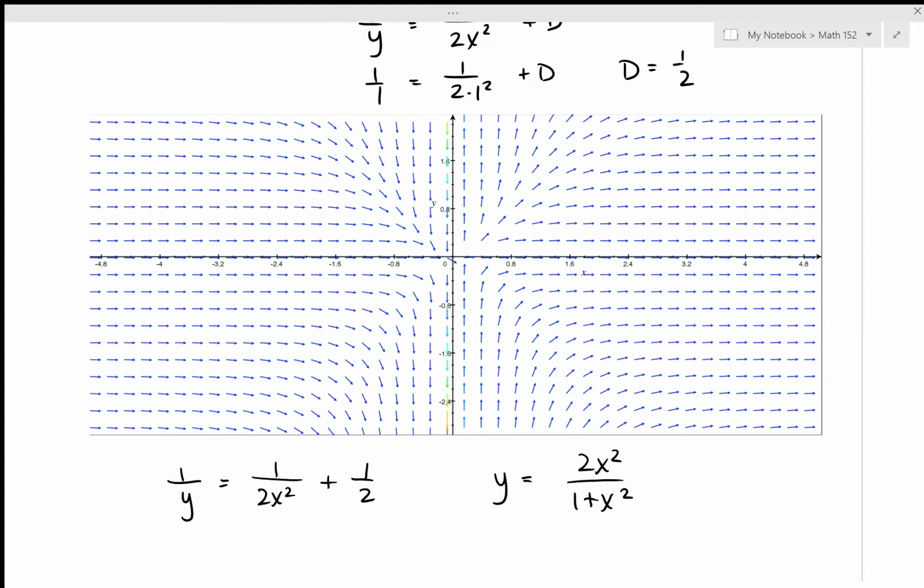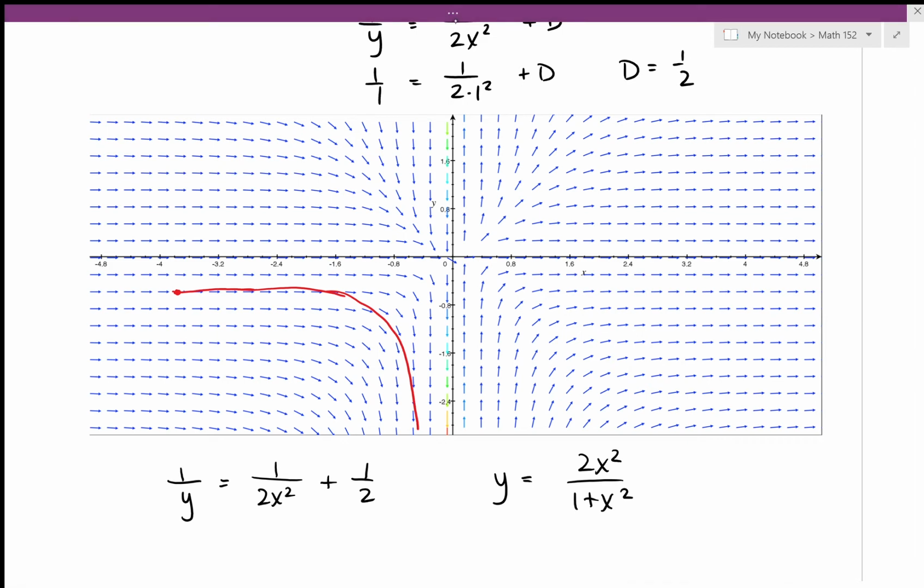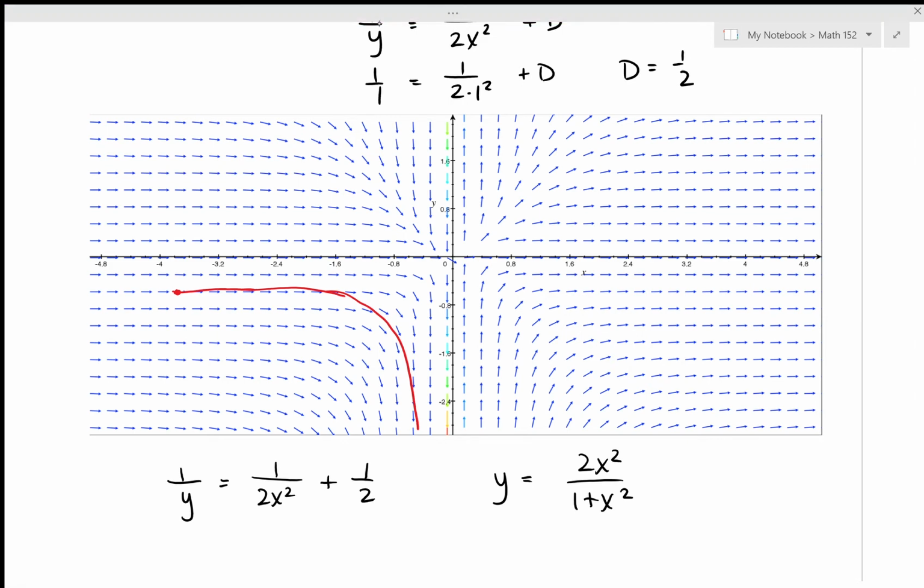actually quite different behavior. So for example, if we had an initial value here, we would find that the solution would sort of plunge off to minus infinity. We find that if we were to be getting an initial value, for example, here, we find that when x gets large, it looks like we would possibly be reaching some sort of asymptote over here.